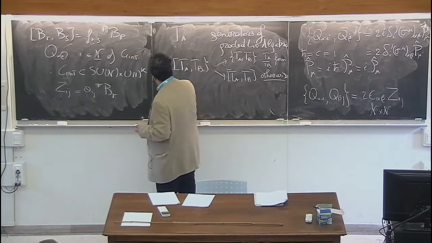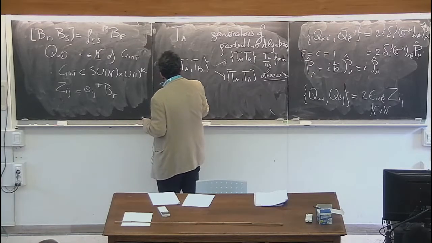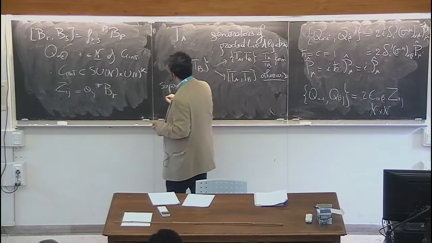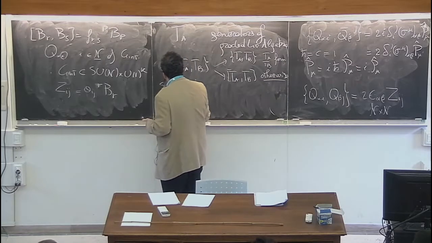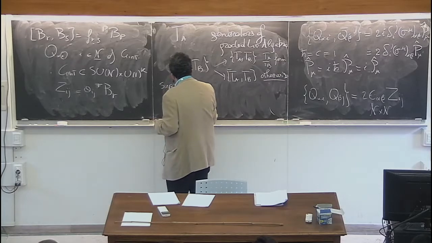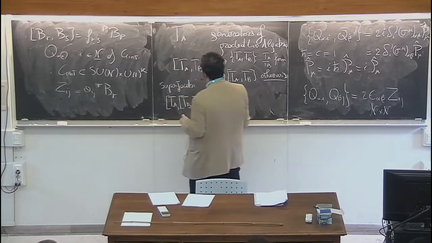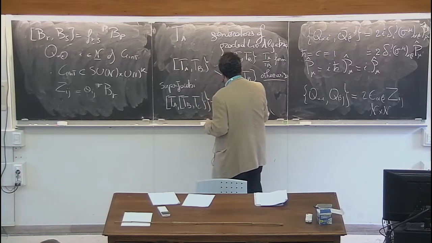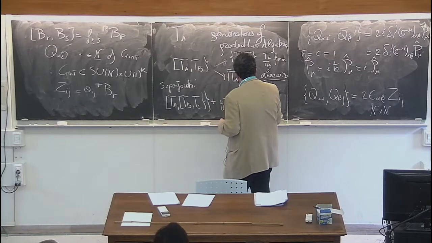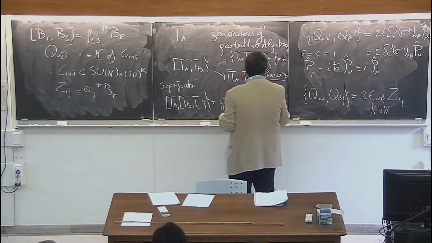Super Jacobi: you can verify that [TA, [TB, TC]] plus graded cyclic permutations of these three generators has to be 0.